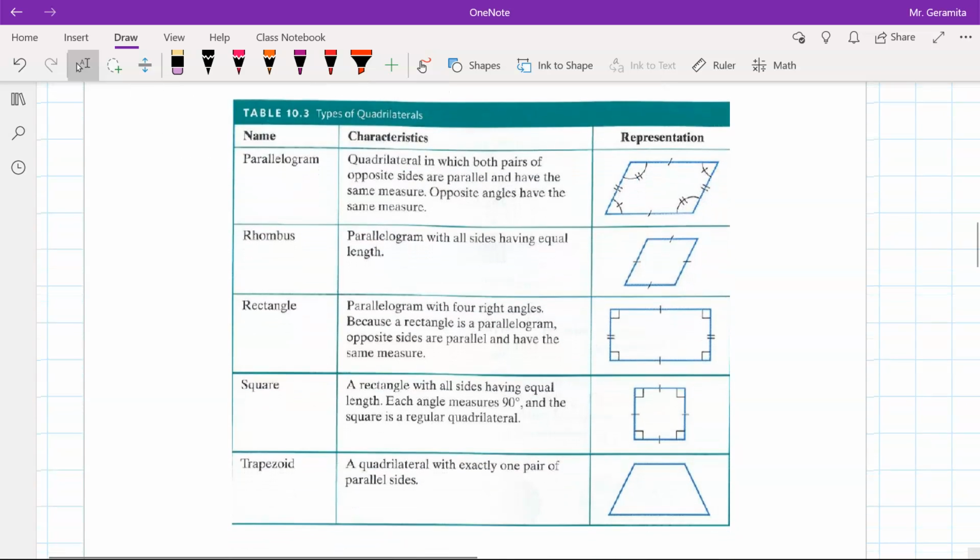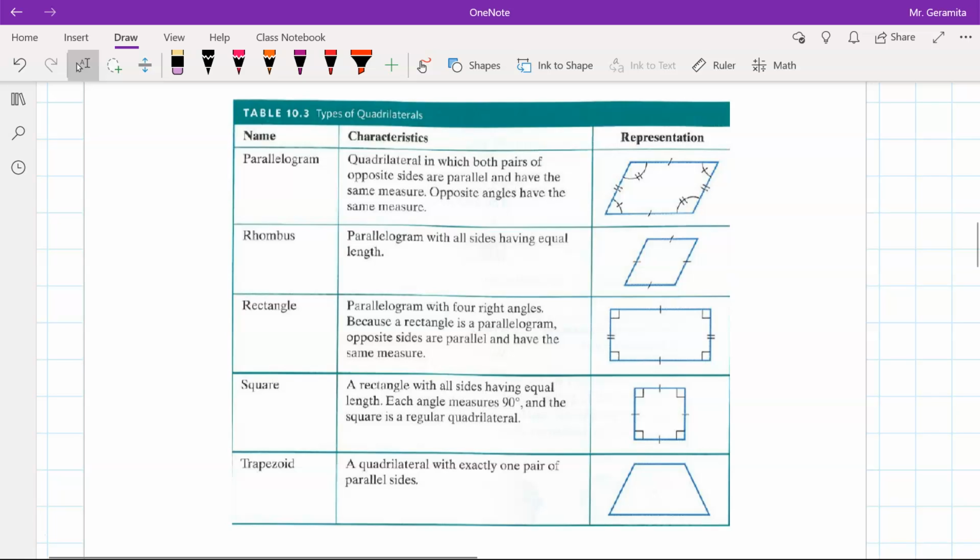A square is like the best of the quadrilaterals. It holds all the properties of all the 3 listed above it. So a square is going to be a quadrilateral, it's going to be a parallelogram, it's going to be a rhombus, and it's going to be a rectangle. So the actual definition is a rectangle with all sides having equal length. So you get the rectangle and the rhombus put together.